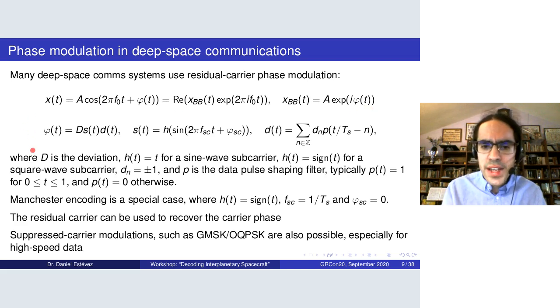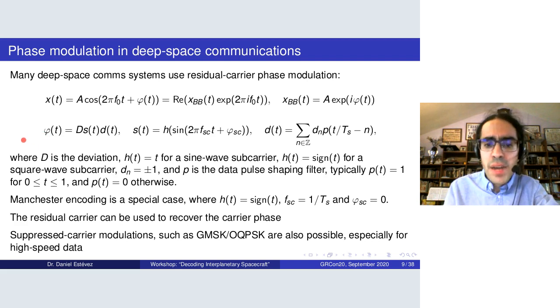What does this phase look like? Well, it has some deviation, which kind of sets the amplitude of the modulation. Then we have a subcarrier, which might be a sine wave or a square wave, and we'll see why this is done. And then we have the data modulation, which is just a non-return to zero signal, an NRZ signal. This is just ones and minus ones for the bits.